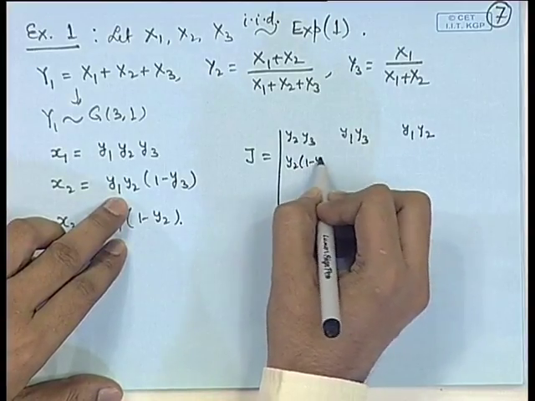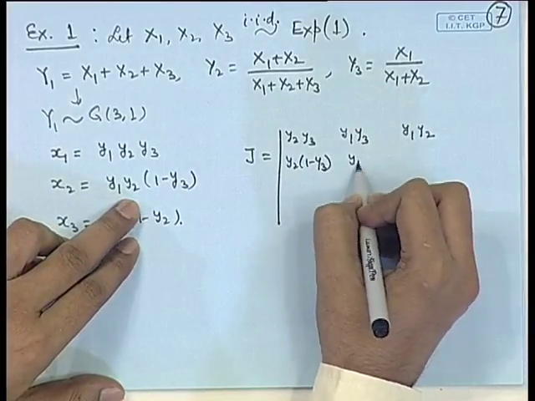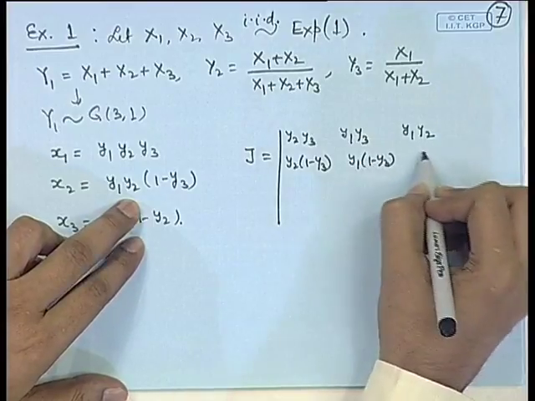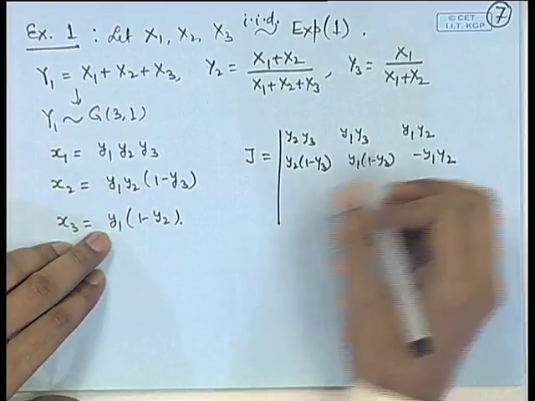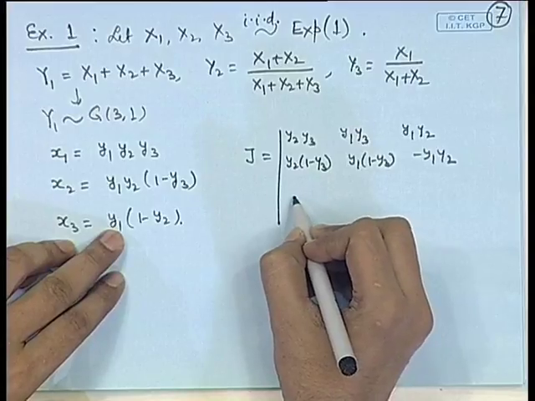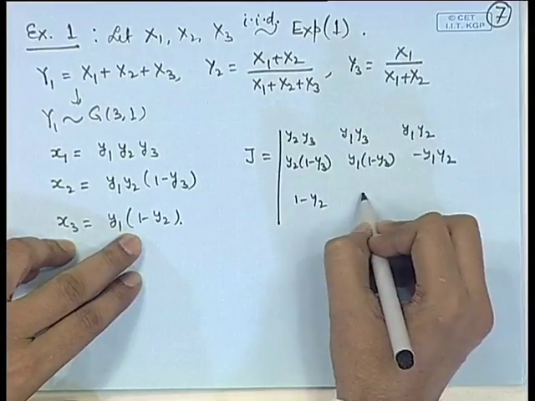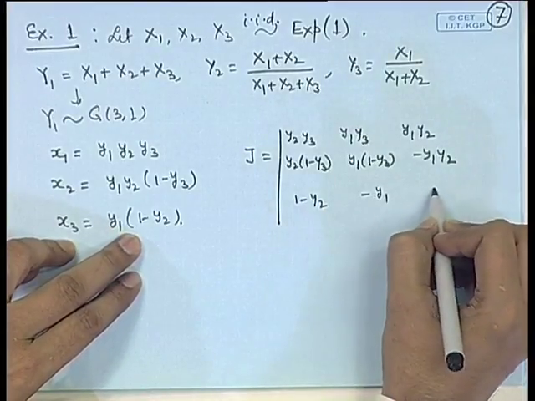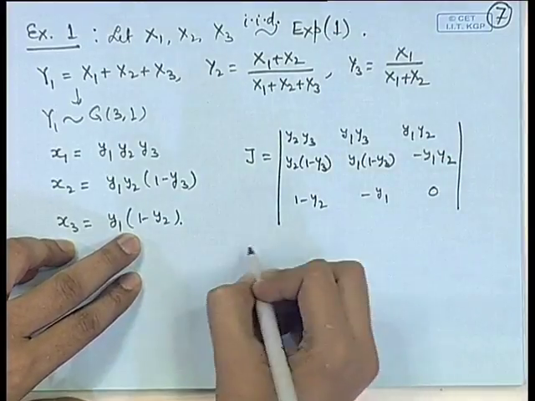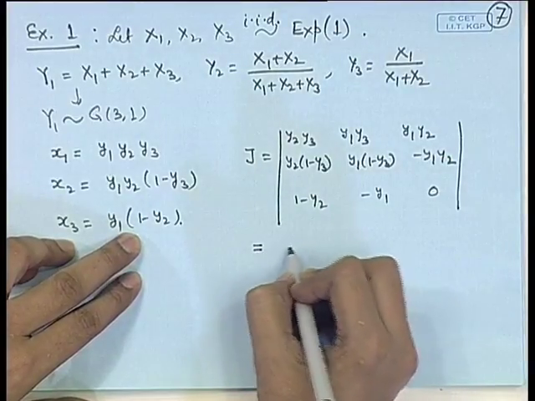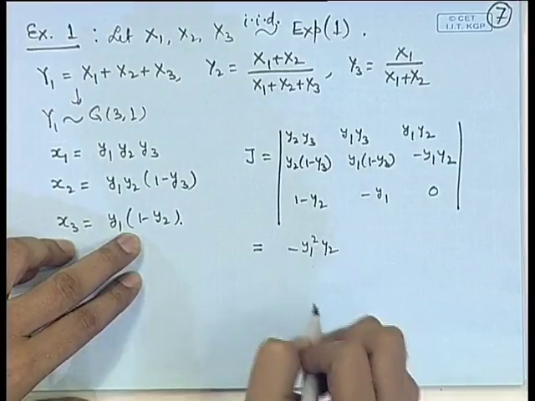The second row is y2(1 - y3), y1(1 - y3), -y1 y2, and the third row is (1 - y2), -y1 and 0. If we evaluate this, it turns out to be -y1² y2.